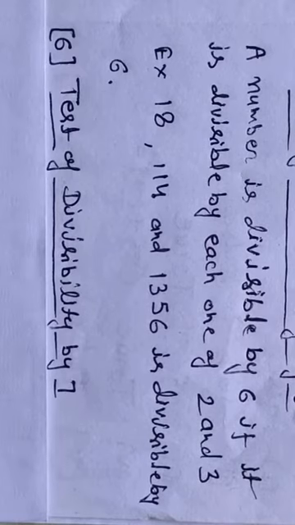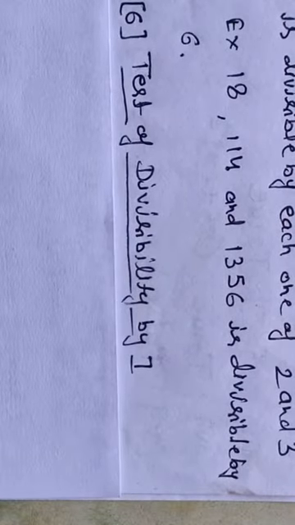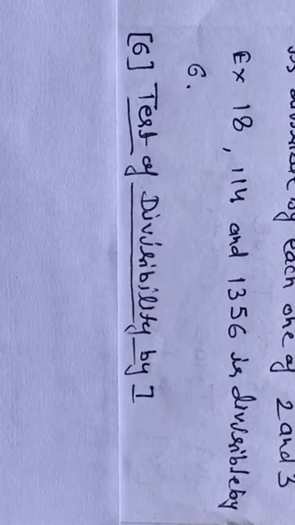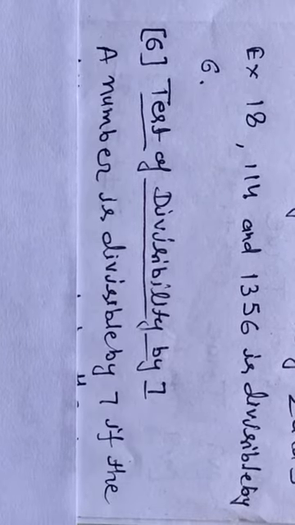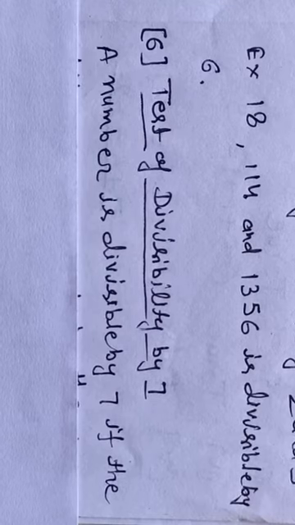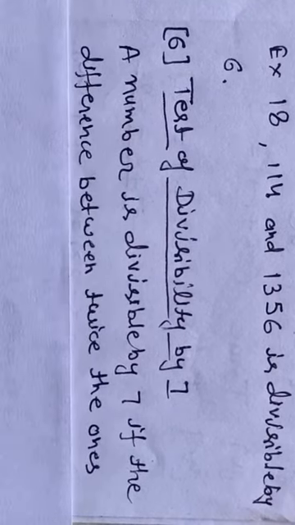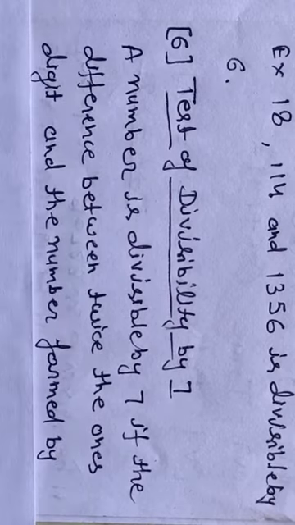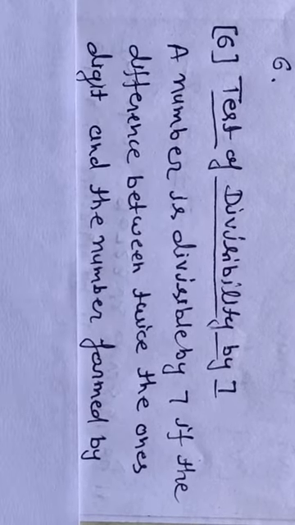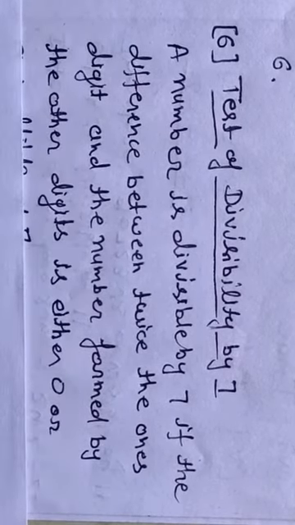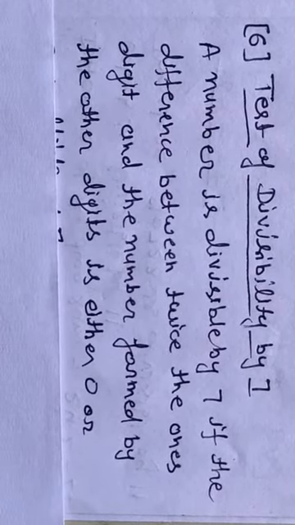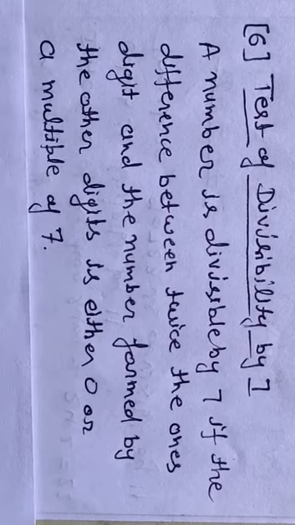Okay. Now the test of divisibility by 7. See this test carefully. The test is: a number is divisible by 7 if the difference between twice the one's digit and the number formed by the other digits is either 0 or a multiple of 7.